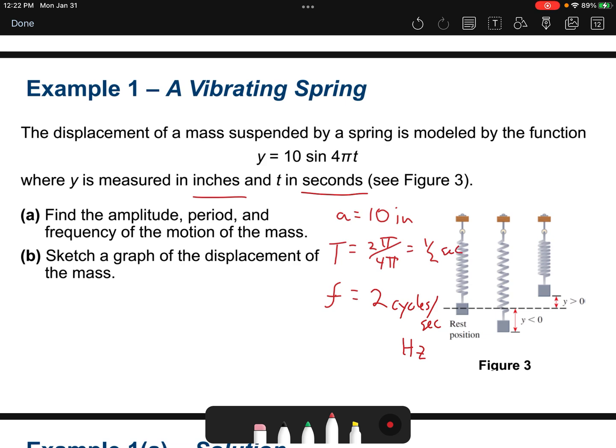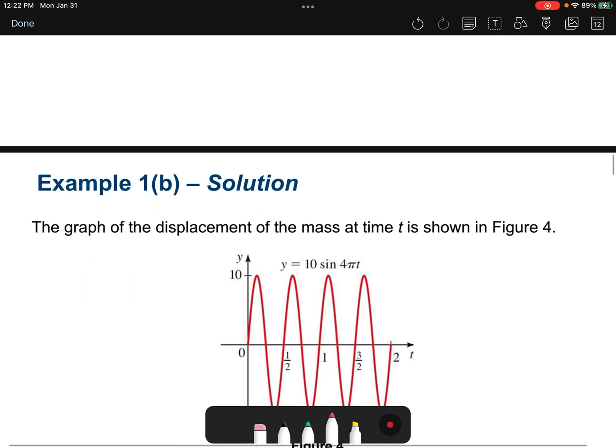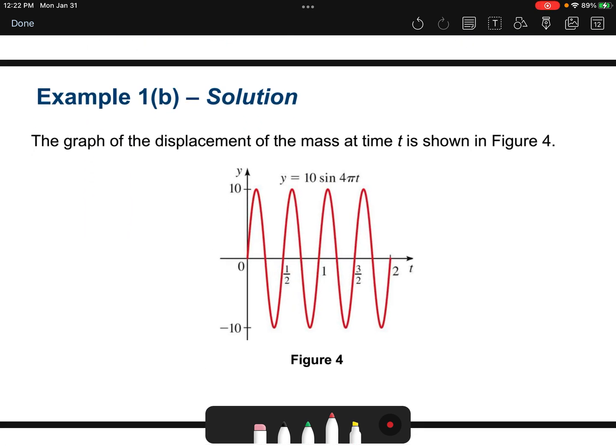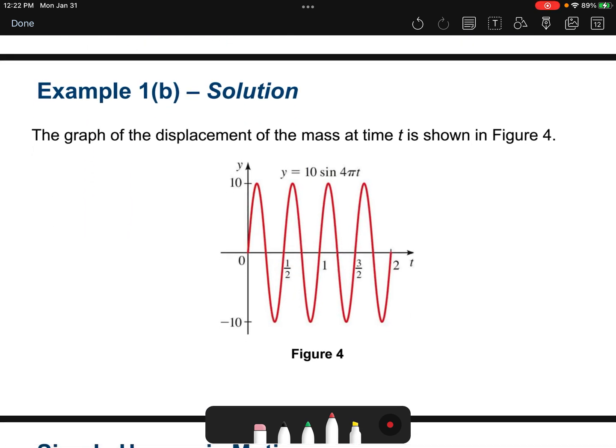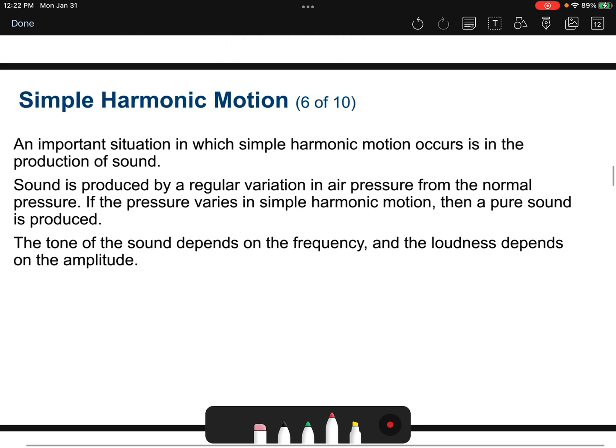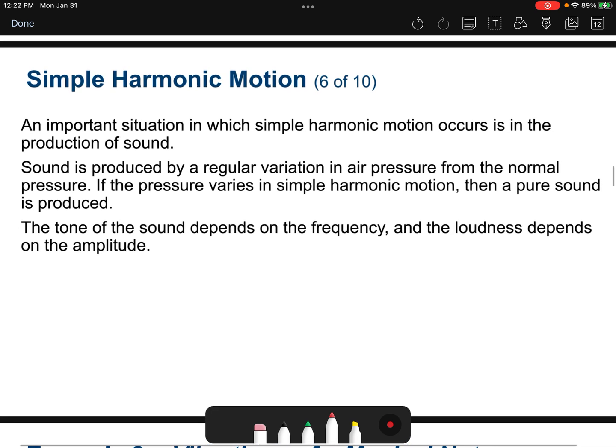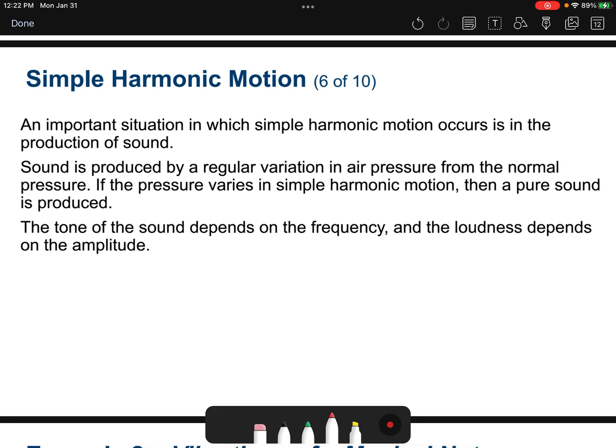Now, if we sketch the graph, it's going to look like that, and it should. I mean, we already know all this stuff. This is omega, remember. We changed it from K to omega. This is still absolute value of A. And we know that T is 2 pi over omega, or 2 pi over K as we learned before. But now we're actually applying it to simple harmonic motion.